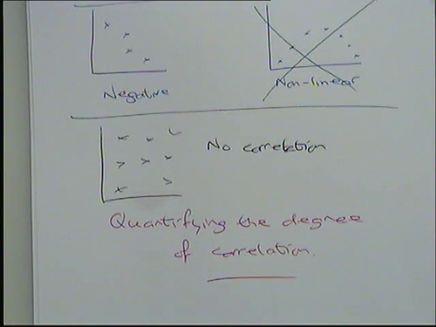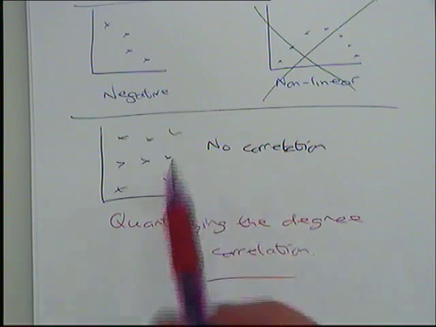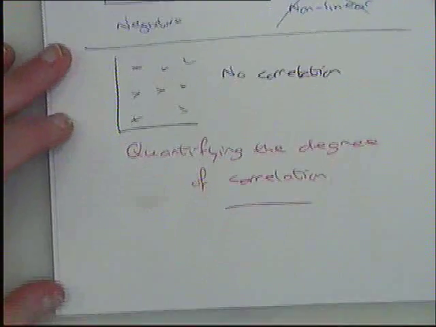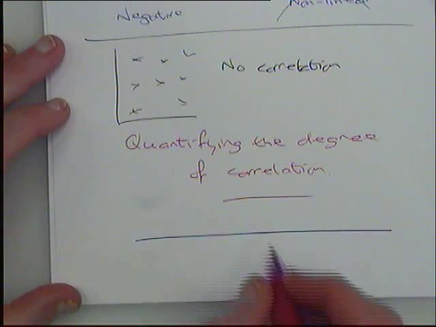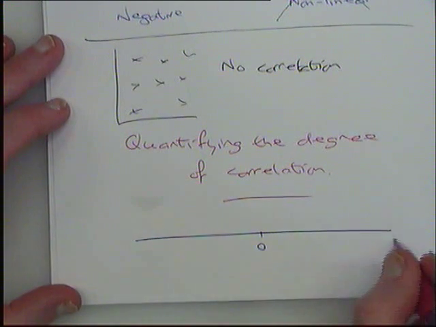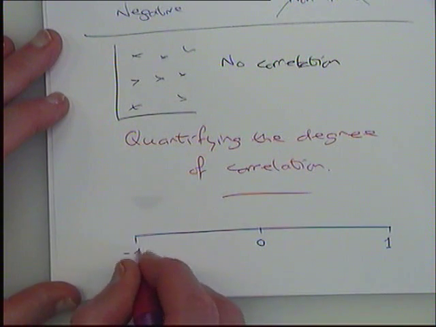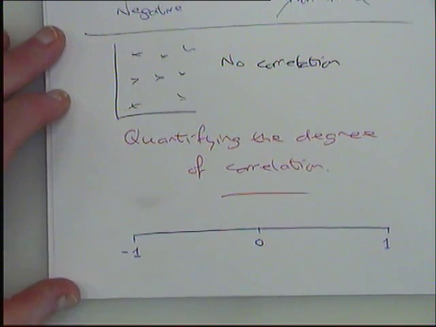Does anybody know what the scale is? And it's not 1 to 10. Negative something to positive something. Which fits. We've got positive correlation, negative correlation, no correlation. So imagine you've got a number line, we'll have 0 in the middle. We will have positive 1 at one end, and we'll have negative 1 at the other end.